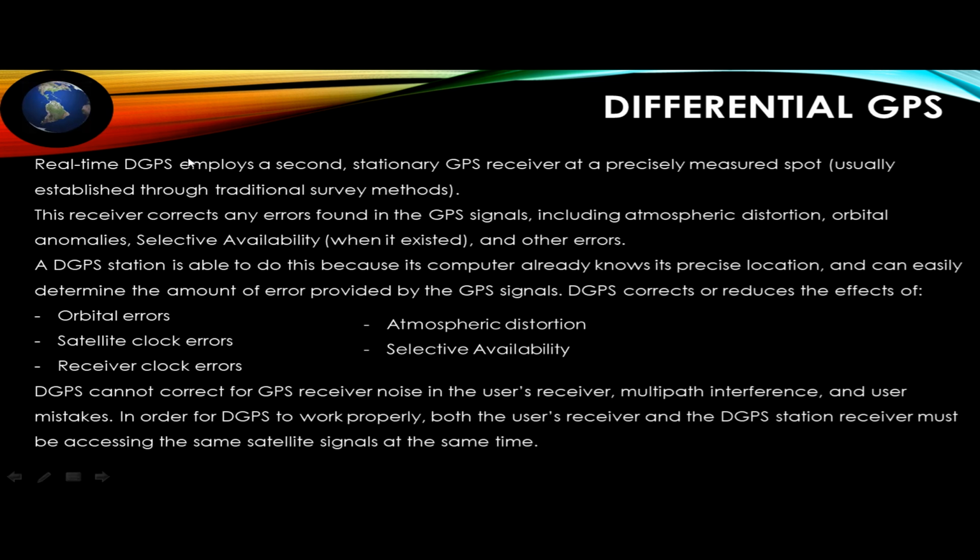A DGPS station is able to do this because its computer already knows its precise location. The control station, or the computer where the data is received or uploaded, has the precise location. That is the only thing with DGPS. It tracks information every second or minute and can easily determine the amount of error provided by the GPS signals.